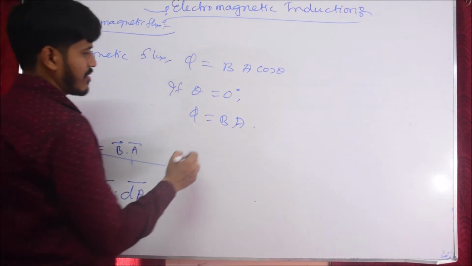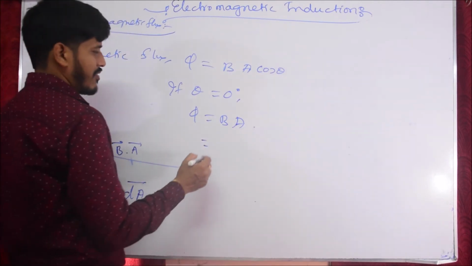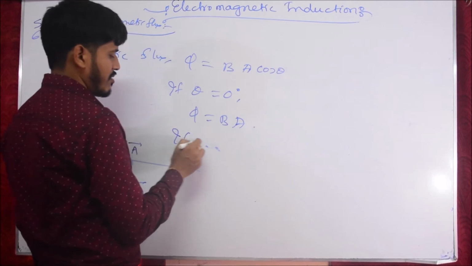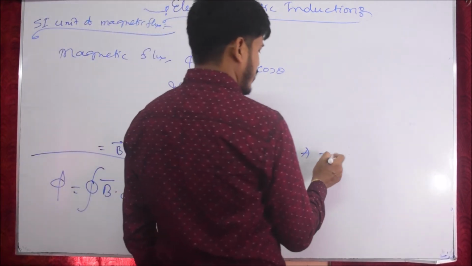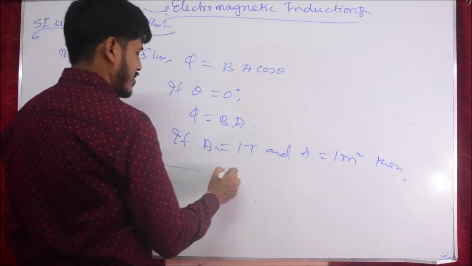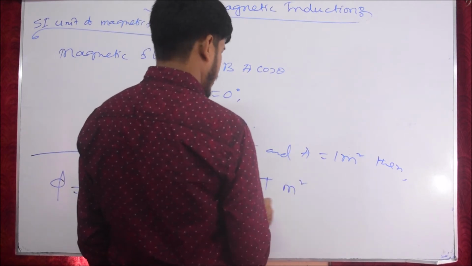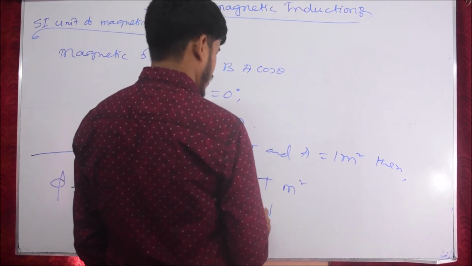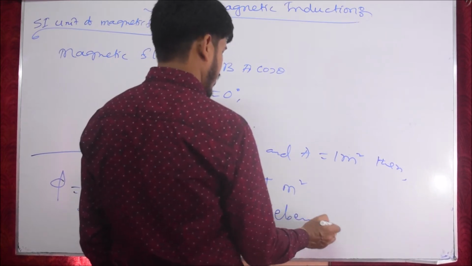Now, if B is equal to 1 Tesla and A is equal to 1 meter square, then phi is equal to Tesla meter square, which is known as 1 Weber.